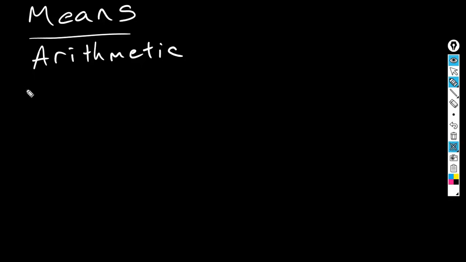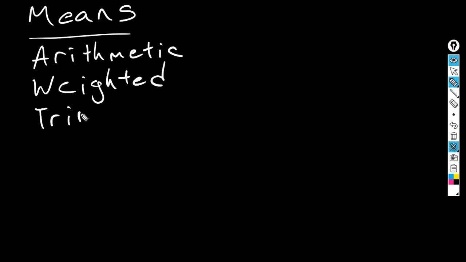We're going to look at the arithmetic mean, the weighted mean, and the trimmed mean. All three of these are means, and they are measures of central location.